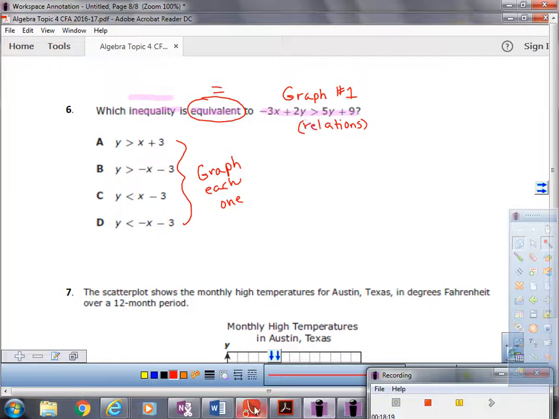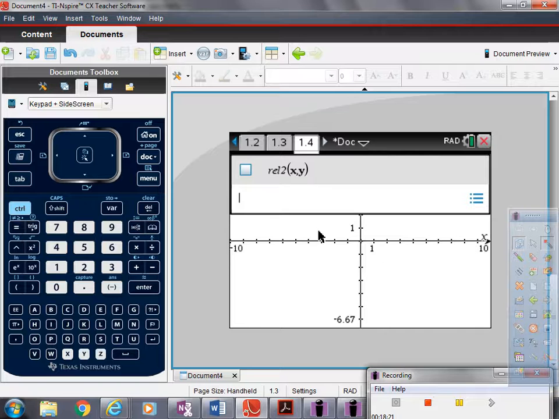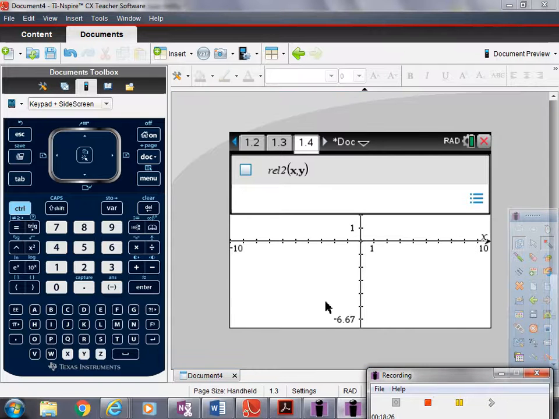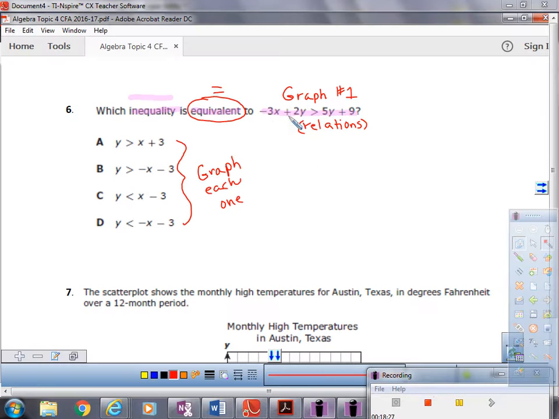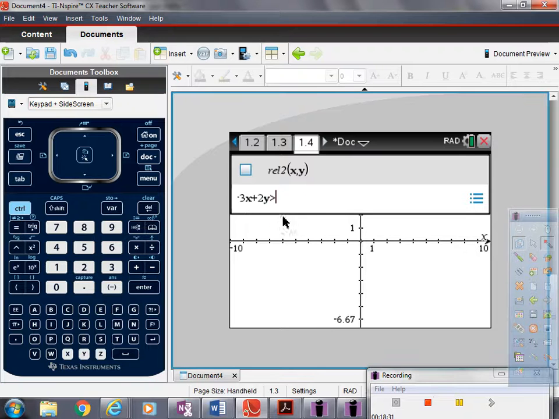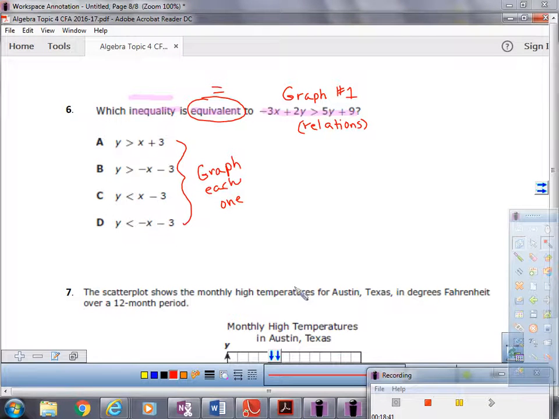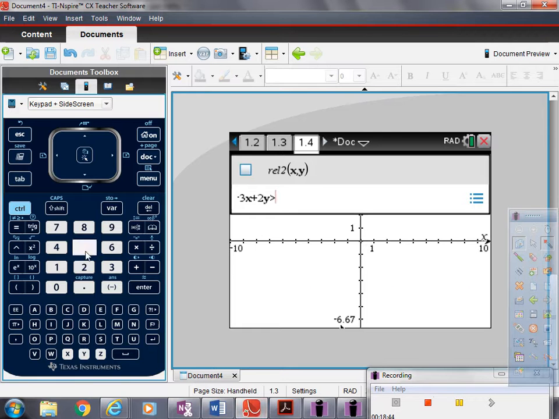So let's go ahead and go to the graph app. Let's hit delete and go to relations. And let's type in the first one. The first one would be negative 3x plus 2y greater than, so I'm going to pick this symbol, greater than 5y plus 9.